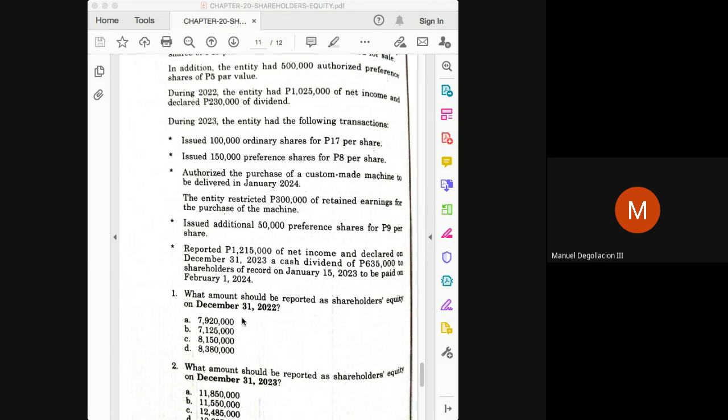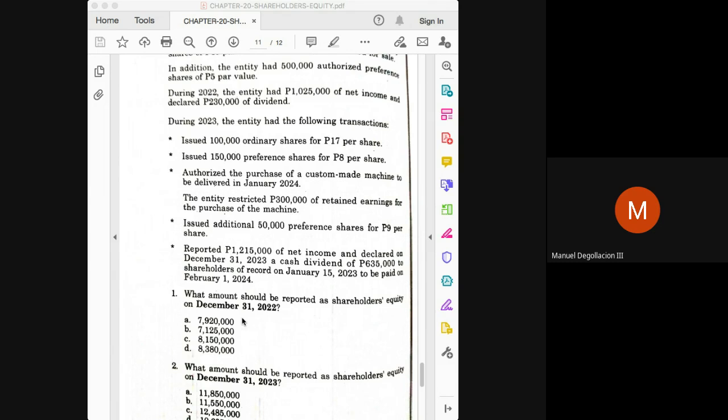Okay, so a very important thing to remember here is that you have to know when you should be deducting the dividends. Okay, so here the dividends were declared in 2023 on December 31, 2023, but it was to be paid on February 1, 2024.